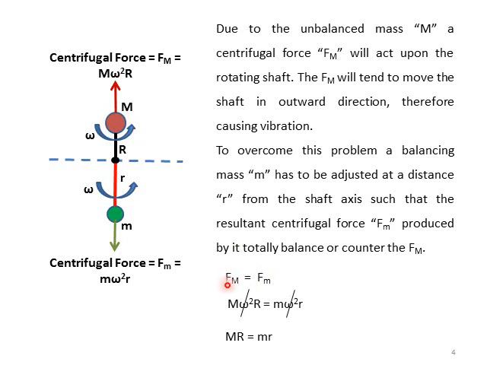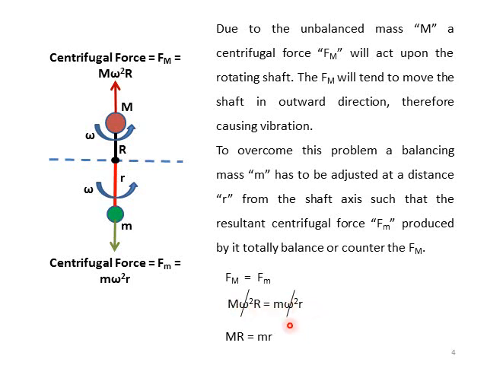So here is the mathematical representation: the centrifugal force produced by the unbalanced mass equals the centrifugal force produced by the balancing mass. Because they are both on the same shaft, the angular velocity will cancel out. The remaining terms are mass and radial distance.